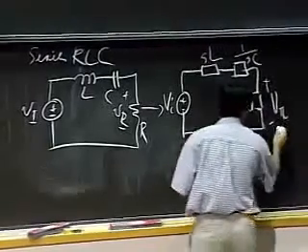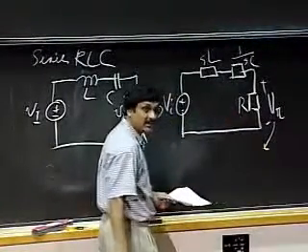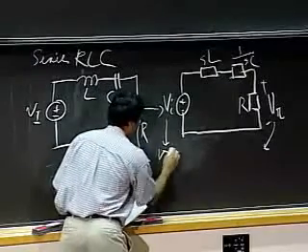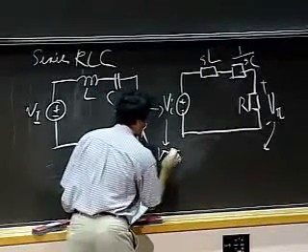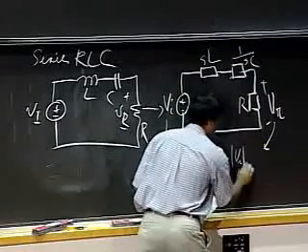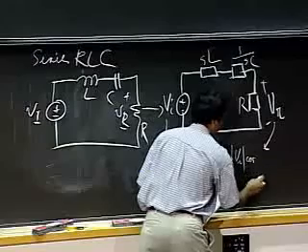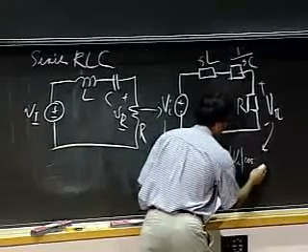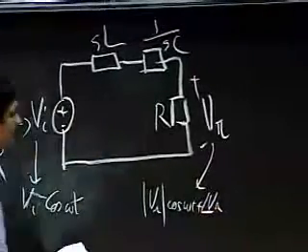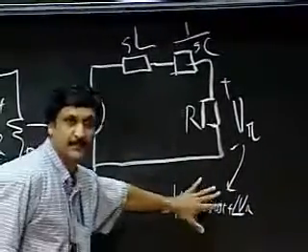So, and just remember, if I can find out VR, then for an input cosine of the form VI cosine omega t, the output will be given by VR modulus cosine of omega t plus angle VR. Just remember this last step.